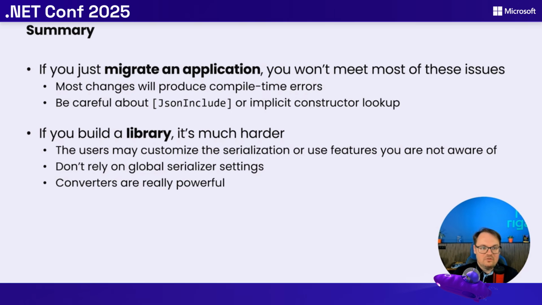So if you are just migrating an old application, you probably will not run into all these changes, all these details I pointed out. Just in some cases, it can be a little bit tricky. For example, adding these JSON include attributes, which you will not get a compile error for. For most things, when you do migration, you will get compile errors.